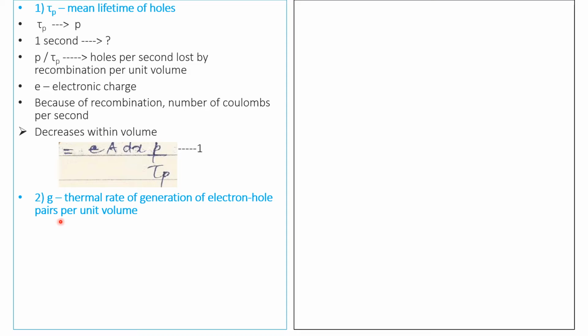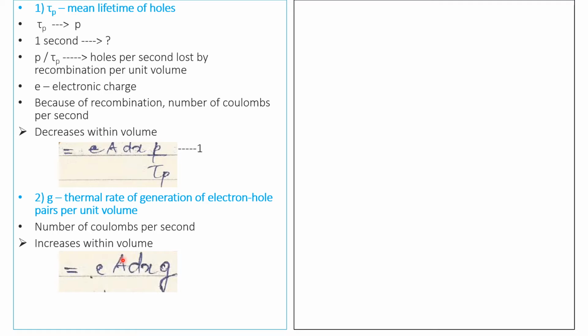Let G be the thermal rate of generation of electron hole pairs per unit volume. The number of coulombs per second increases within the volume and is given as E into A dx G. Equation 2.